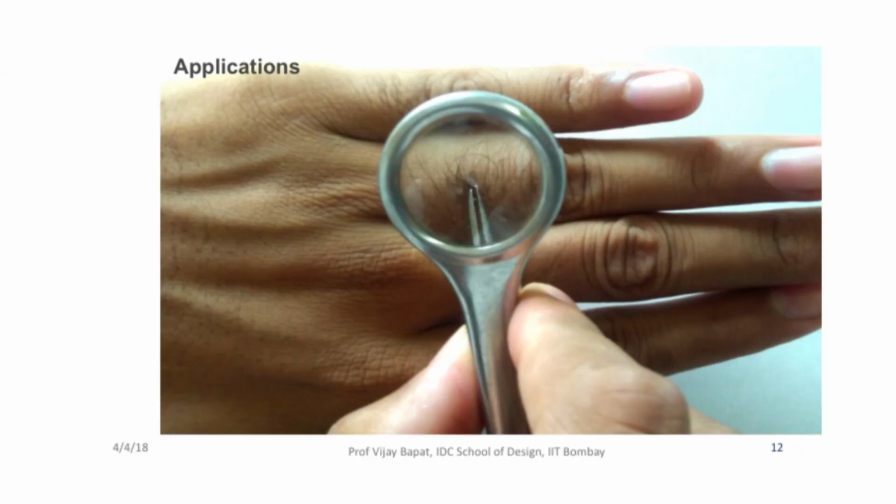Magnifying lens for magnifying. Now just imagine that you are alone and you are cleaning broken glass pieces, and a glass piece has entered your finger. Can you hold these two things together in one hand and take it out? Right?